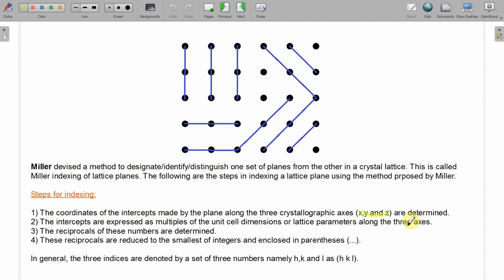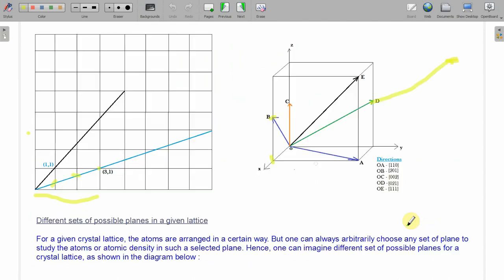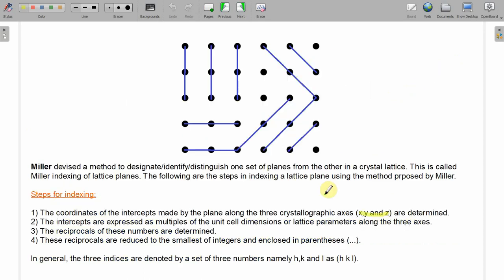These are called the intercepts of the plane along the 3 crystallographic axes, and these intercepts have to be written in terms of the lattice parameters a, b and c of the unit cell. That is, 1 unit here which is a, 1 unit is b here and 1 unit is c along the x, y and z direction, forming the unit cell of the crystal lattice.